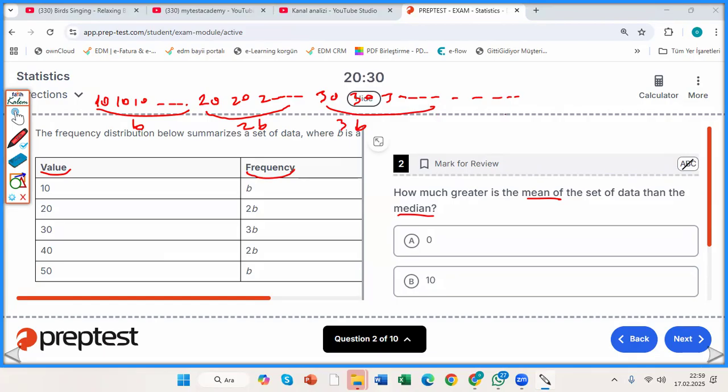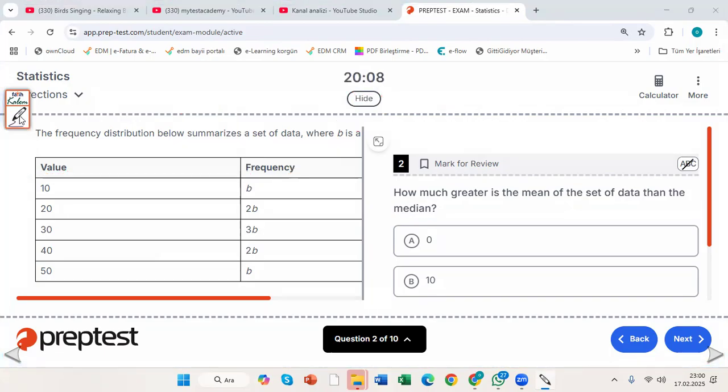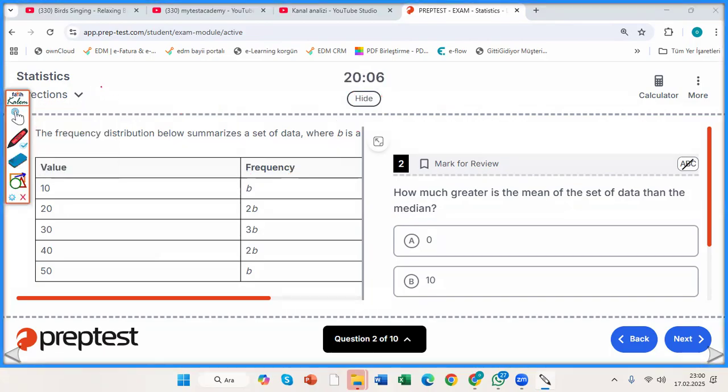So as you can realize, if you can't understand how to find the median, let's give a number for b. For instance, assume that b is 2. Okay. Maybe it is easier. So let me show you this way. Okay.